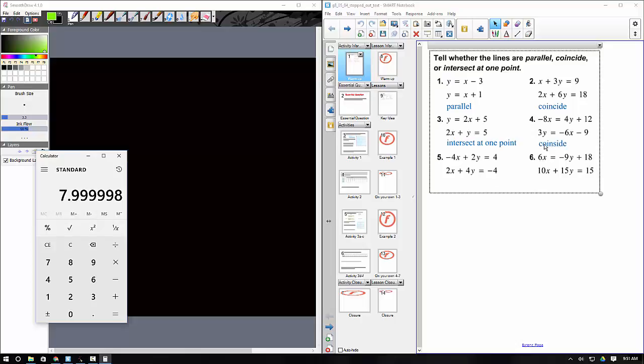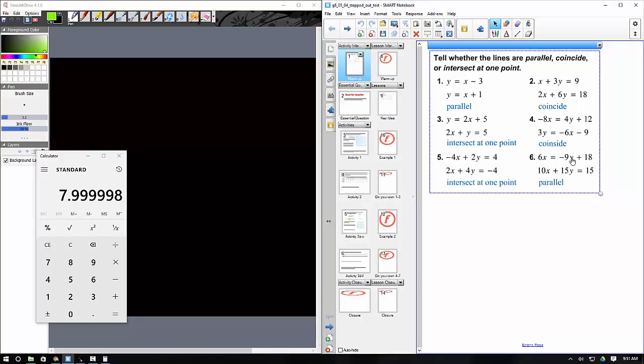If I multiply the 3 by 1 and 1/3, I'll get 4. And if I multiply the 9 by 1 and 1/3, I get the 12. So they coincide. They're exactly the same equation. This one here, I'll have intersecting at one point. And then finally this one right here, they are parallel because when I set them equal to each other, and I have y equals mx plus b, the slope will be exactly the same.